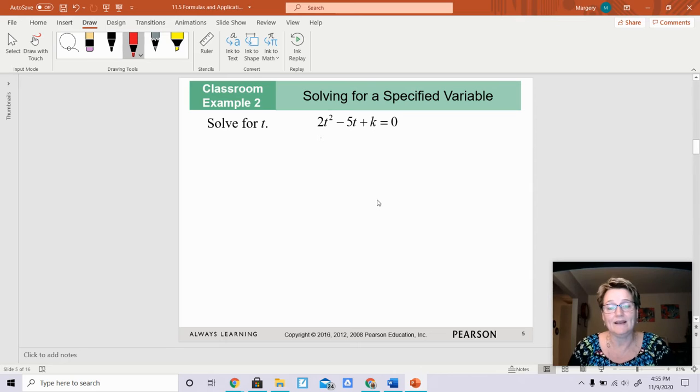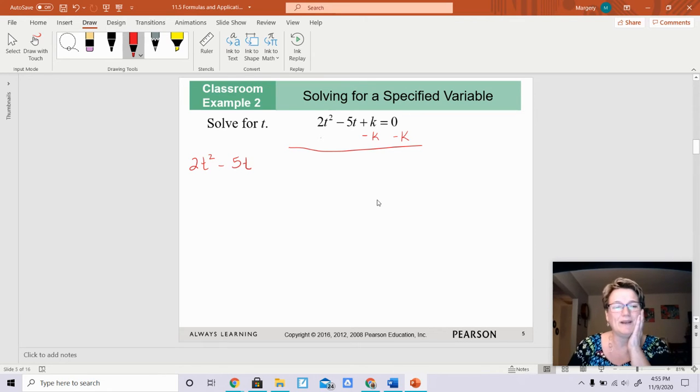That would work fine. If you complete the square, you want all the variables on one side and the constants on the other side. The constant right now, even though we don't know what it is, is a negative k. So I'm going to put that over to the other side. This is going to leave me 2t squared minus 5t.